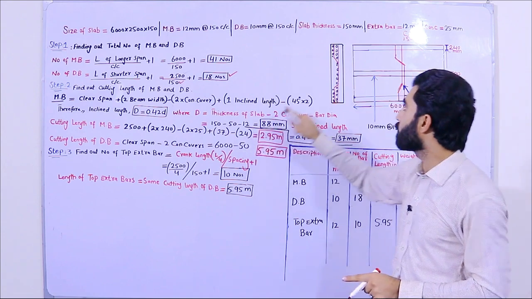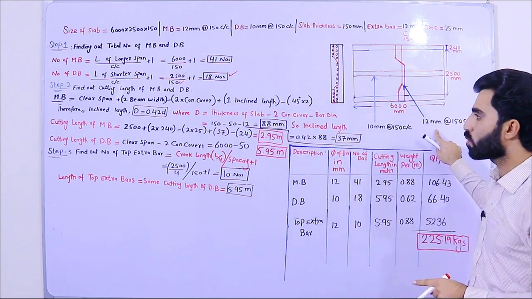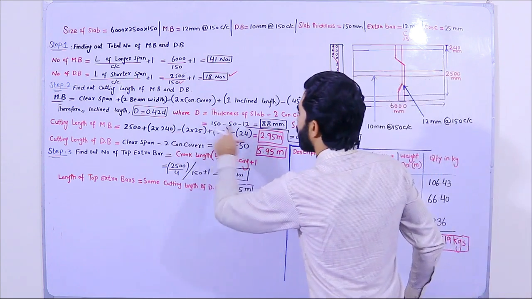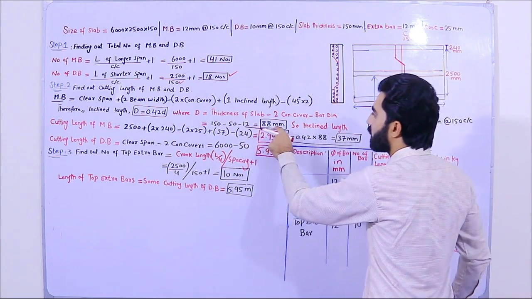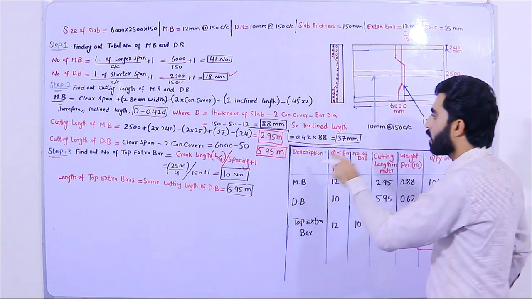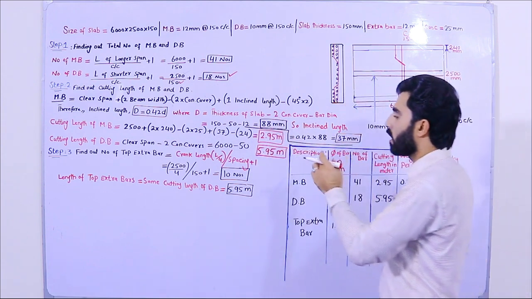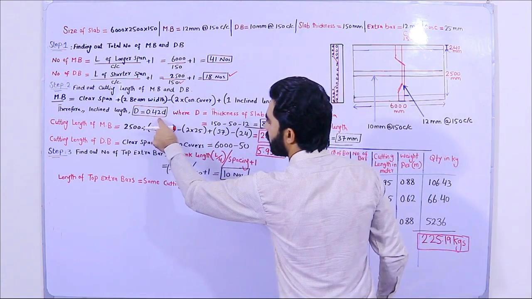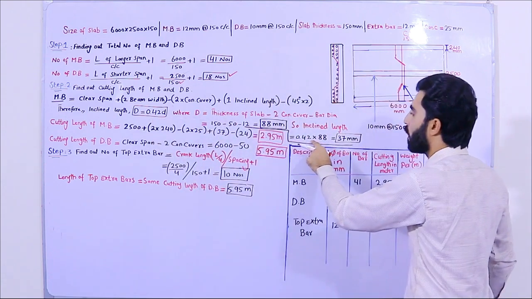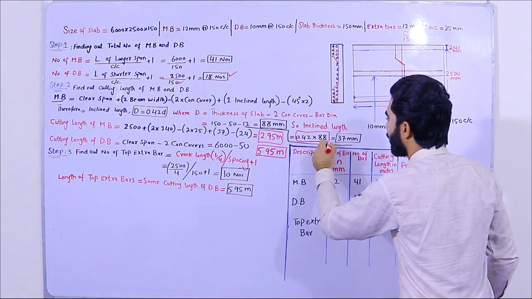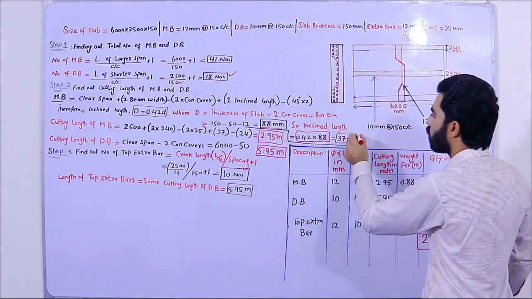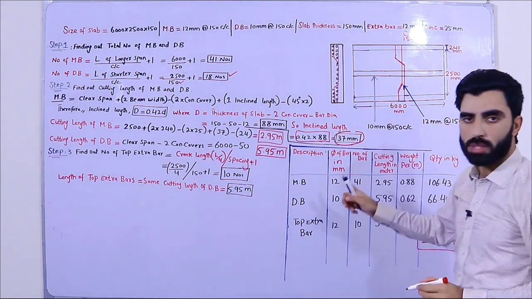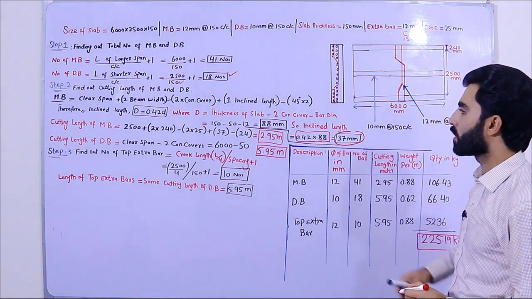Which dia of steel rod? This one, the main bar. This is the formula. Therefore the d is 88 millimeter. Let me use the 88 in this formula: 0.42d, so 0.42 multiplied by 88. The inclined length is 37 millimeter. So in the formula we put it already.